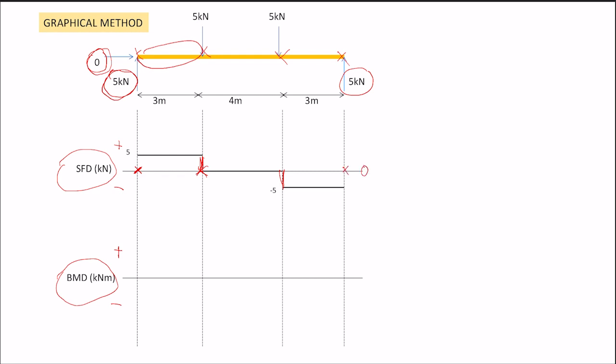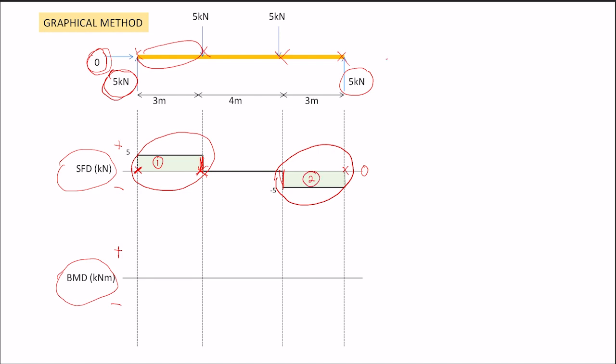After we are done with the SFD, we're going to draw the BMD. In order to draw the BMD, you have to find the area of each rectangle or any shapes that you see in the shear force diagram. Over here, I have 2 rectangles. So I put here rectangle 1 and rectangle number 2.